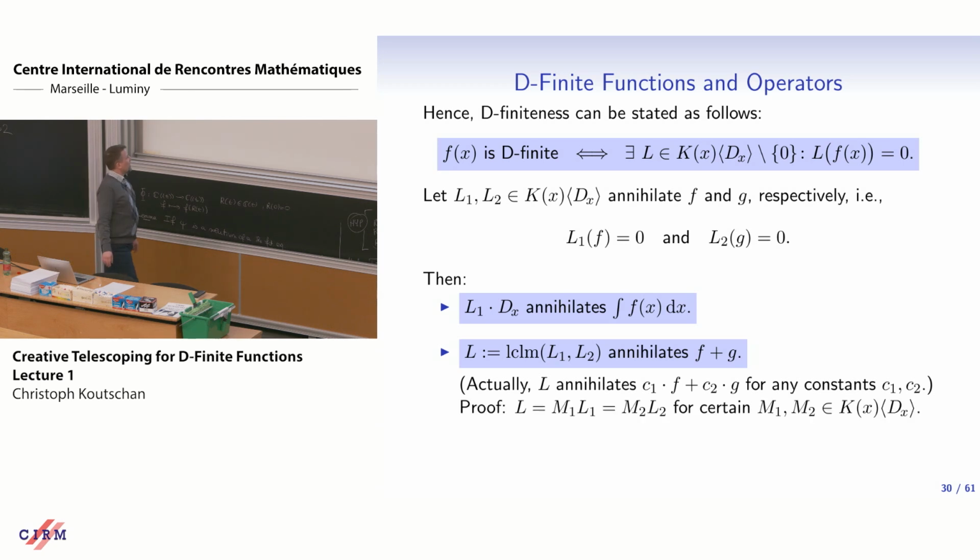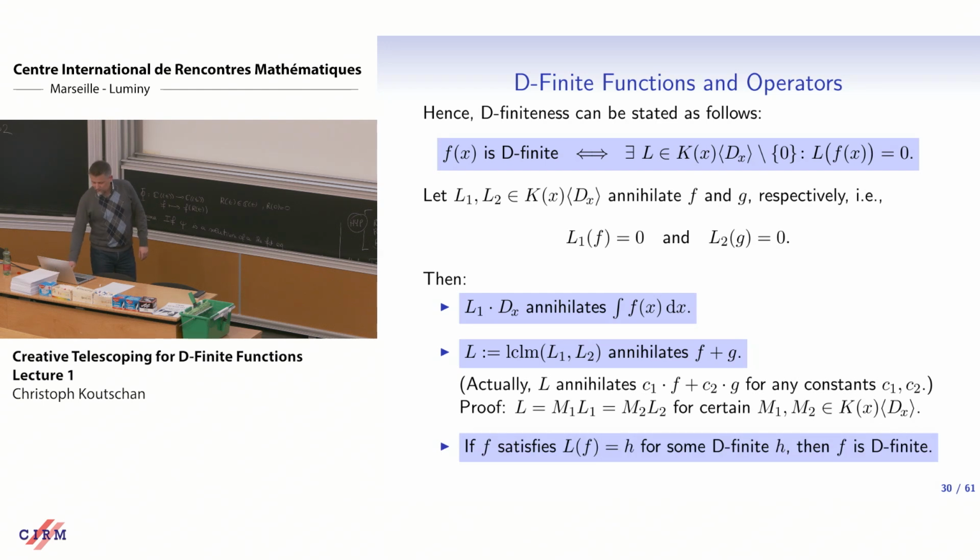And here's the proof. So if L is the LCLM of these two operators, that means there exist m1 and m2 such that m1 L1 is equal to L, or m2 times L2. So a left multiple, we multiply from the left for certain operators m1 and m2.